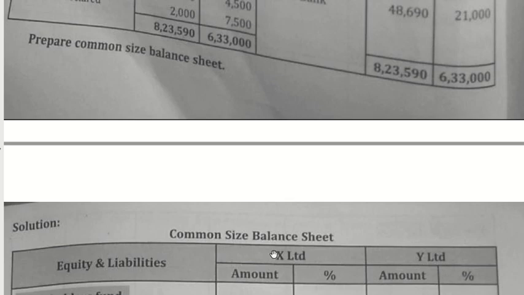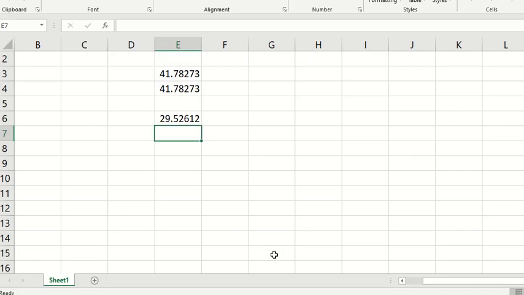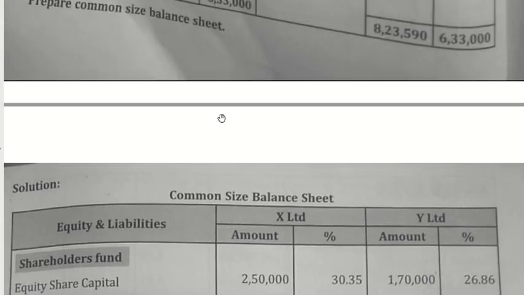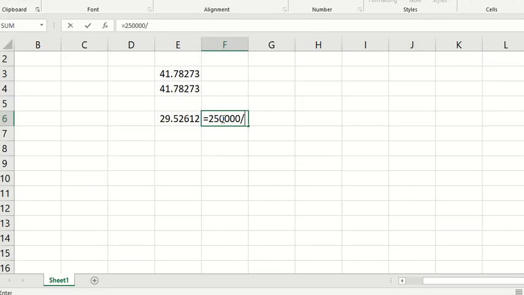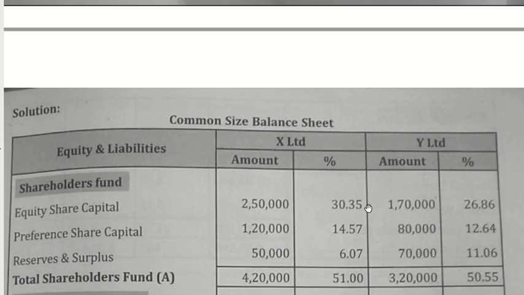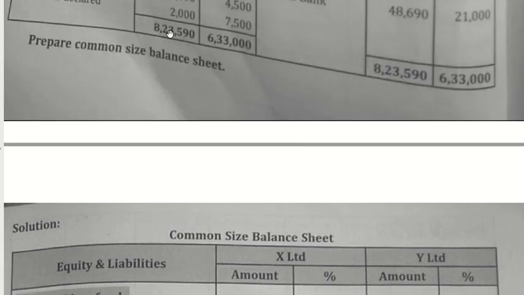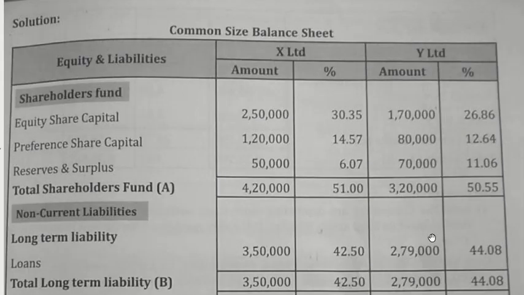You get 29.52, 30.35%. Here you can write down in brackets, for your reference, the total: 8,23,590 for X Limited, 6,33,000 for Y Limited. So every item will respectively be divided by the total.